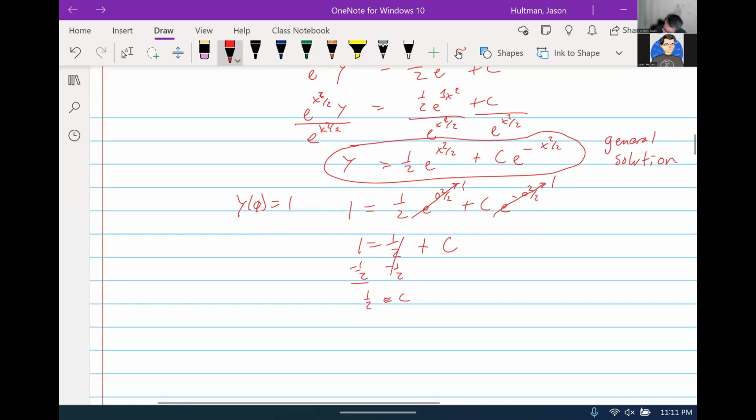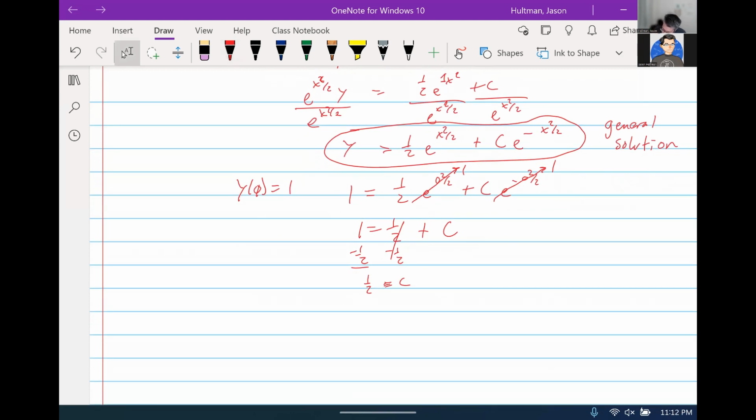What is that going to do? We just get y equals 1/2 e to the x squared over 2 plus 1/2 e to the negative x squared over 2.